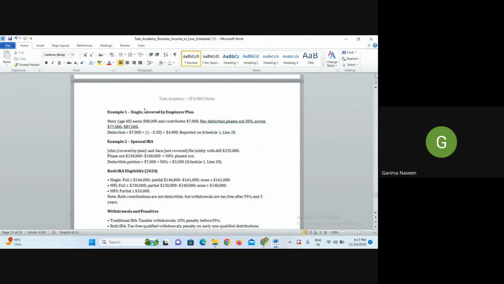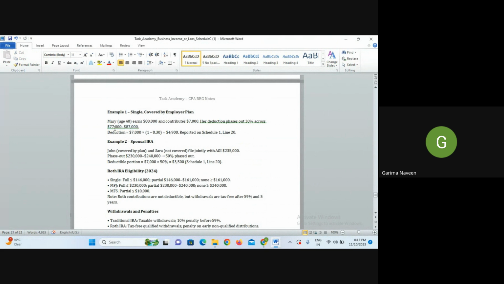Okay, so this is an example. Suppose you are single and covered by some employer sponsored plan. Suppose you earn $80,000 and contribute $7,000. Your deduction will start to phase out at this limit.